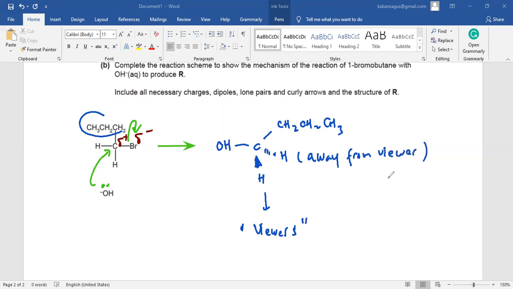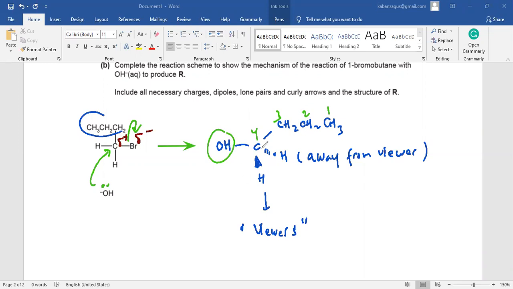Okay, therefore we can name this product. Basically, you would have 4 carbons, 1, 2, 3, 4. But if I number from right to left, then definitely it's wrong, because we need to prioritize the carbon atom which is attached to the functional group.